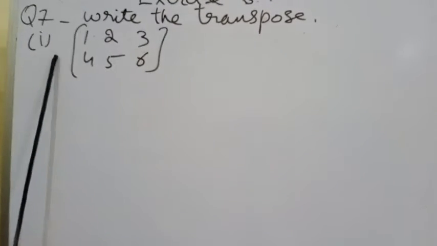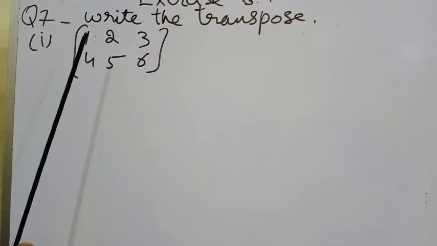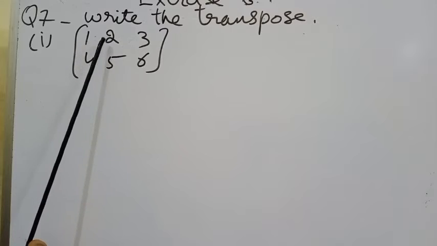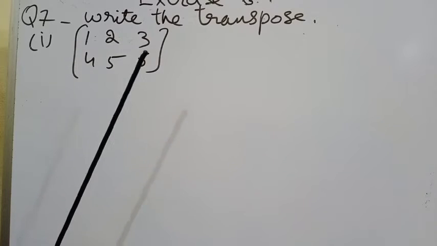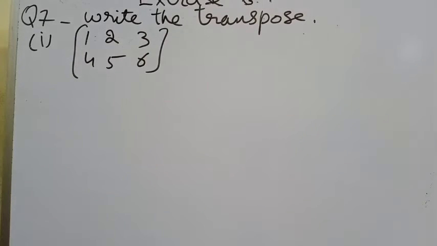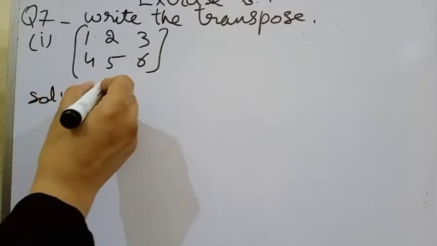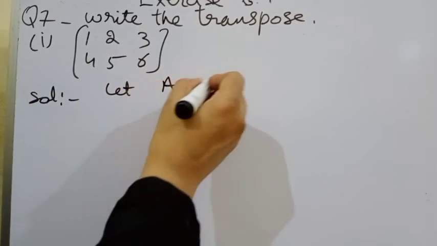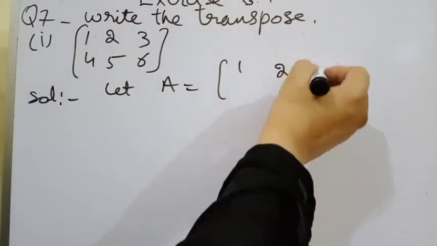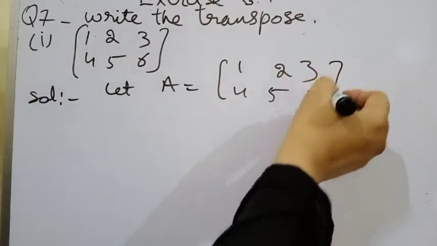Question number 7. Write the transpose of this matrix. First part of question number 7. We have a matrix 1, 2, 3, 4, 5 and 6. We know that by converting rows into columns, we get the transpose of the matrix. Solution. Let A is equal to 1, 2, 3, 4, 5, 6.